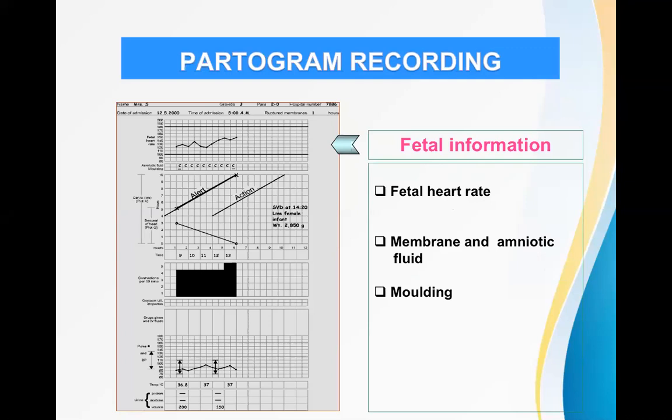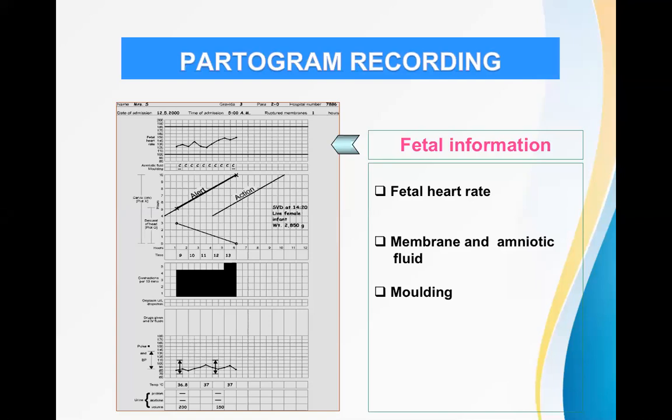By fetoscope, Doppler, stethoscope. Exactly, I agree with all the answers. The best is a fetoscope, which is easily available there. It's quite easy. Another is a Doppler, a handheld Doppler, which is also available.